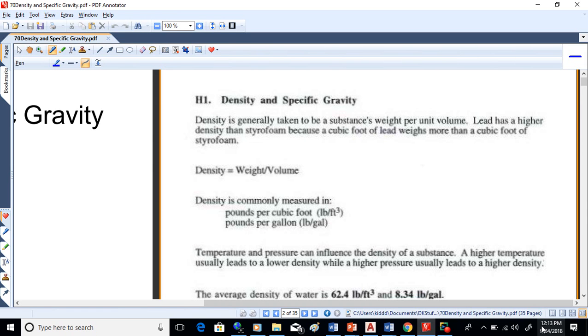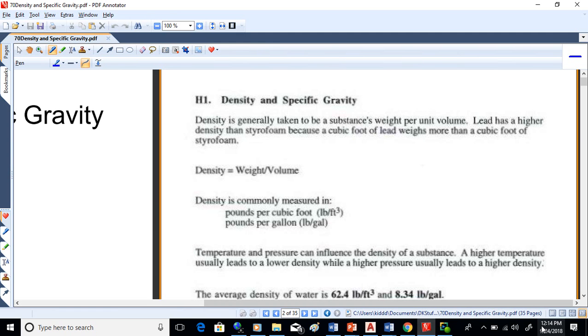How you're fooling people on that is people think in terms of density sometimes. Lead has a higher density than feathers does, okay? Or in this case of the book here, styrofoam does. What density does is it takes a given volume, like a cubic foot or a gallon or something like that, and then it has you put the weight of the substance over its volume.